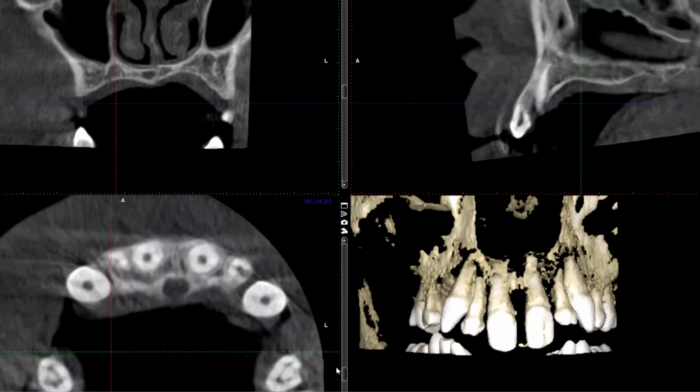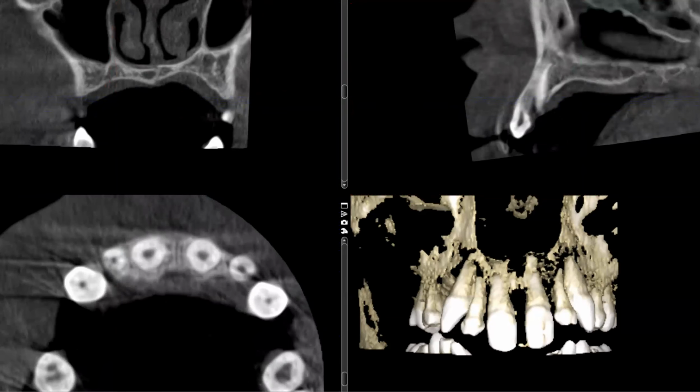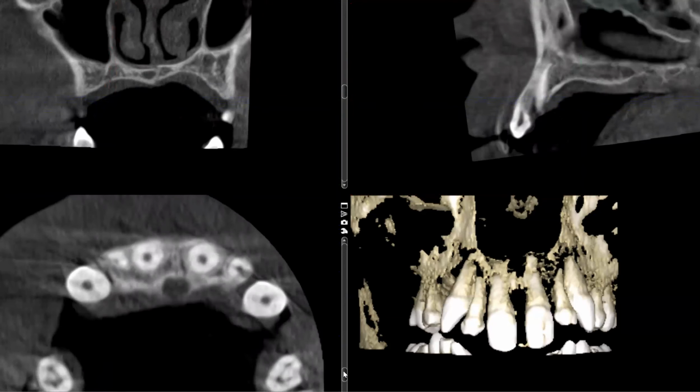What's interesting is that these primary lateral incisors have already undergone quite a bit of root resorption. Look at the shape of the root. Right about here is starting to lose the distal half of the roots. And the resorption pretty much extends into the pulpal space.